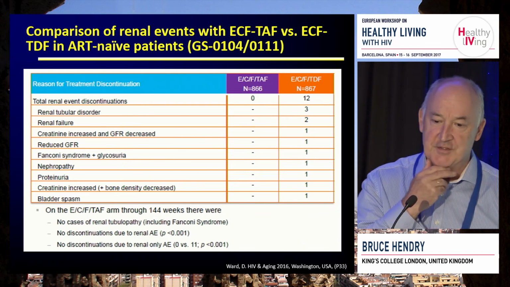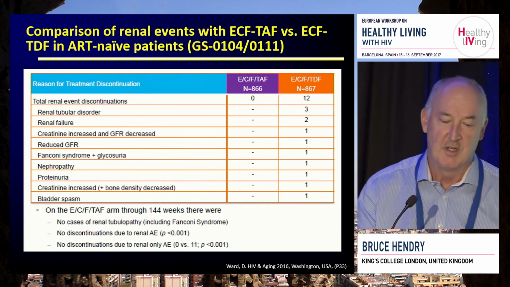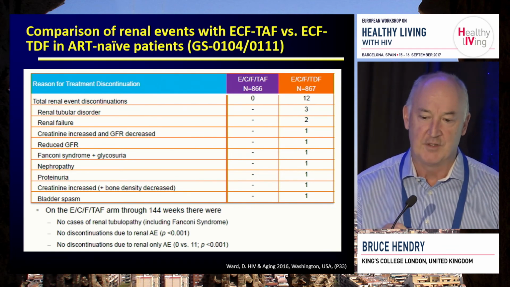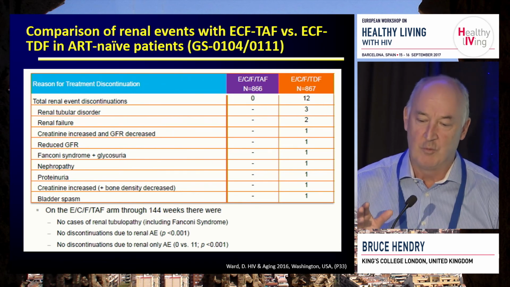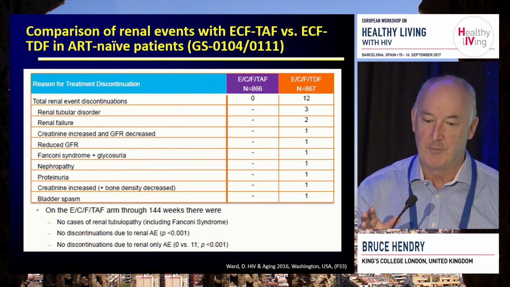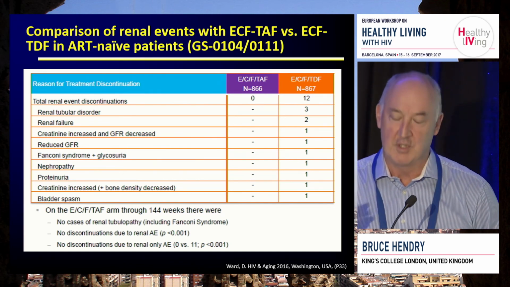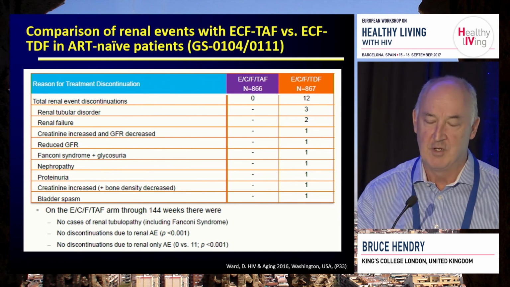What about the patients? If you look at the licensing studies that compare the TAF and TDF-based regimes, then the discontinuation rates for renal reasons are clearly different. And you can see what you would expect on the TDF regime. About 1 to 2% of patients have to stop the drug for renal reasons, even in this low-risk group recruited for a licensing study, and the discontinuations on the TAF regime are 0.